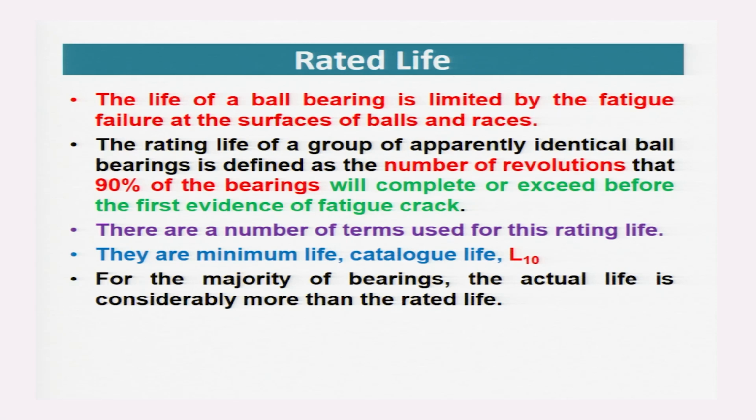The rating life of a group of apparently identical ball bearings. That means the life is not determined for a particular ball bearing, but for a group of identical bearings.